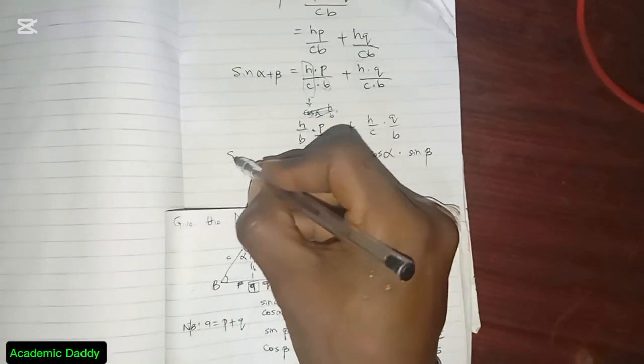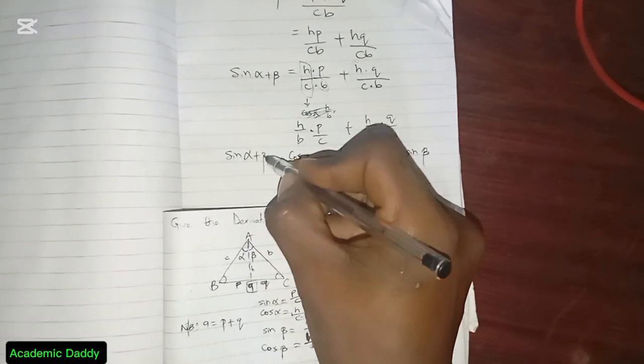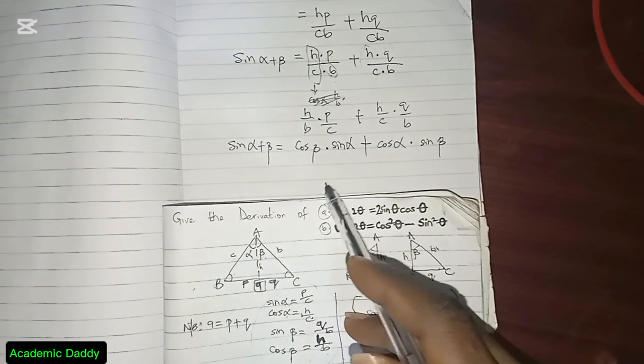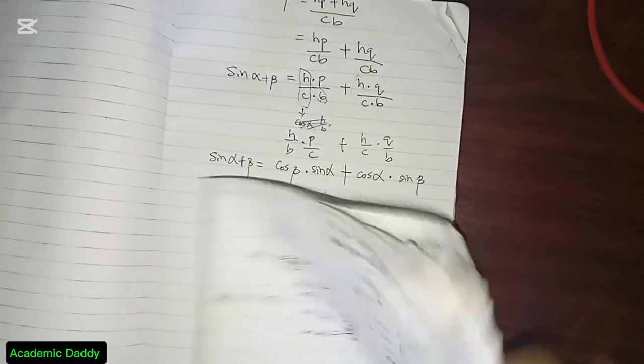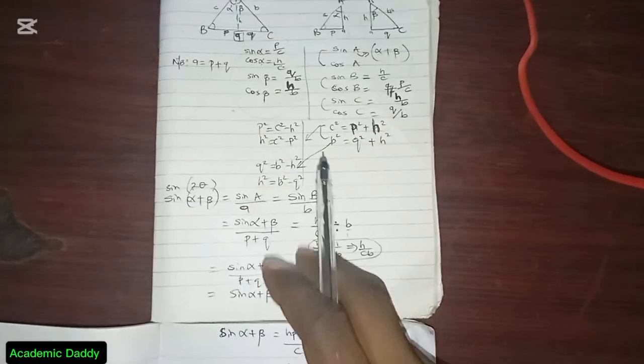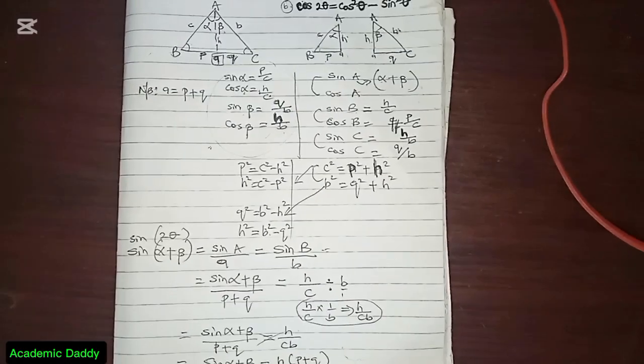So we can now say that sine alpha plus beta is equals to cos beta times sine alpha plus cos alpha times sine beta. So remember, this is where I started, then I moved on to continuing this side.